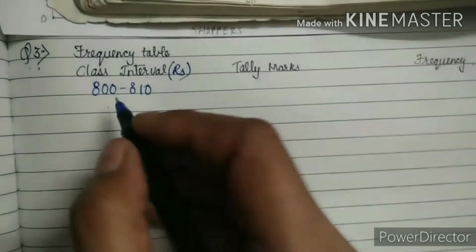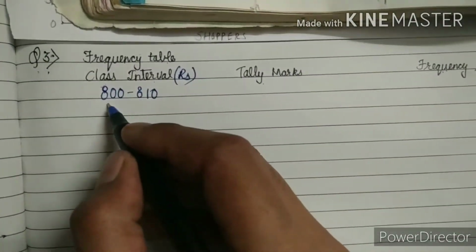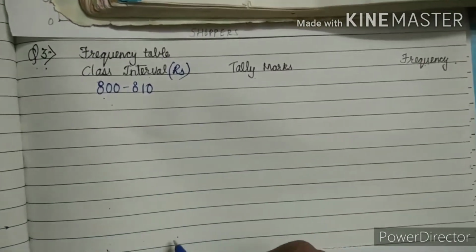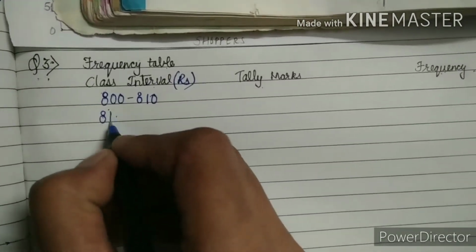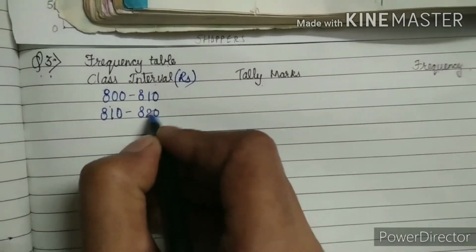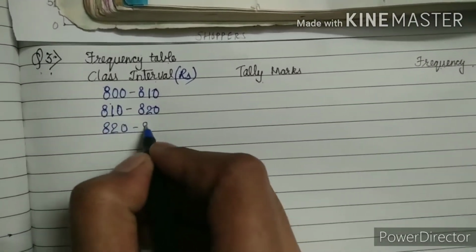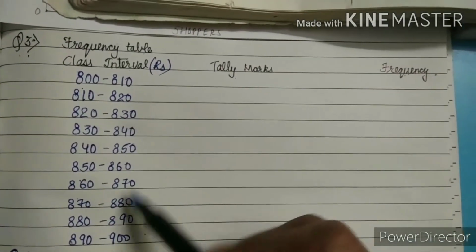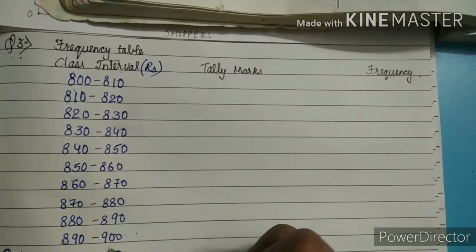I said we will take 800 to 900, so we go in this manner till 900: 810 to 820, 820 to 830. So here I completed it till 900.